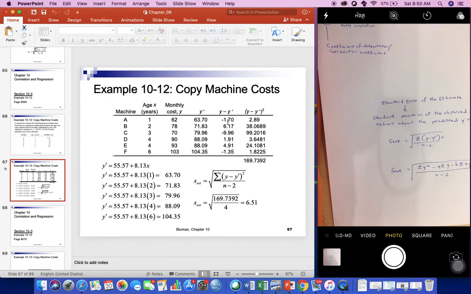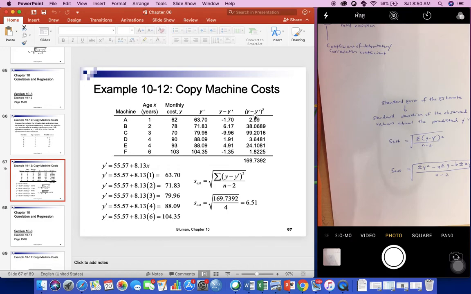After you get y minus y predicted, where y is the observed y, you must square it, raise it to the power of 2. So negative 1.7 squared gives 2.89.